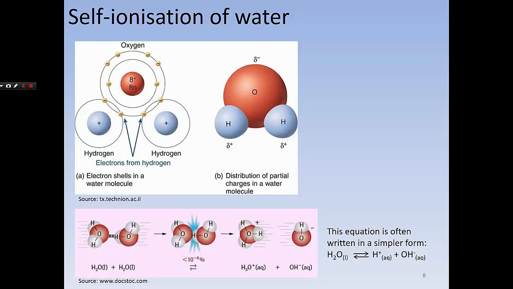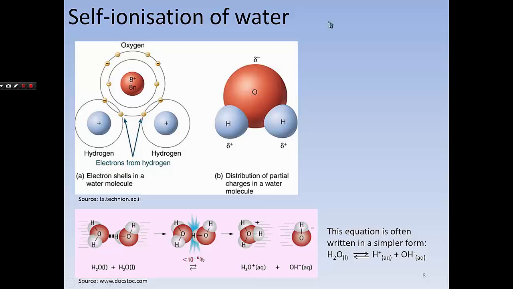Here we need to understand a concept about how water can dissociate or ionize. We now know the covalent bond between hydrogen and oxygen is a polar covalent bond, as oxygen atoms are electron greedy, and therefore the electronegativity of oxygen is higher than that of hydrogen.